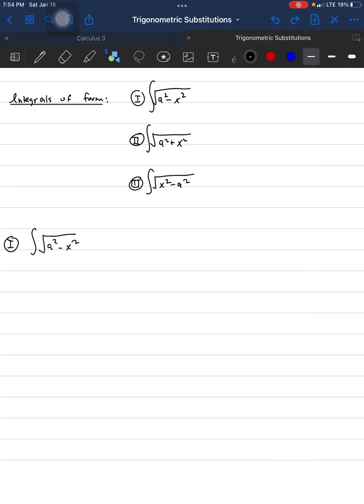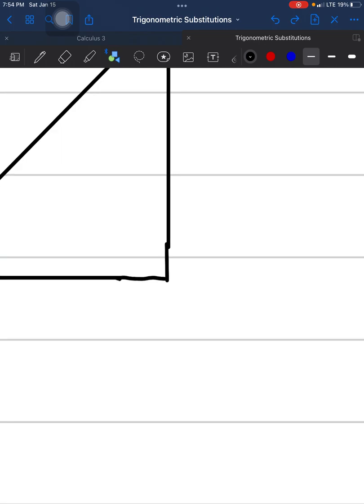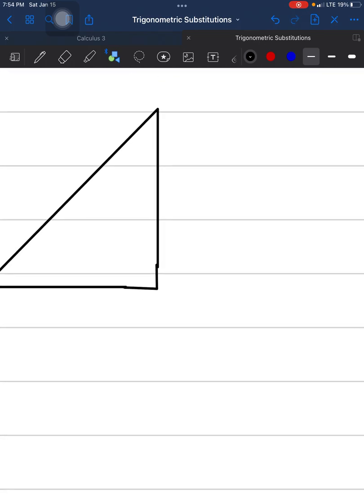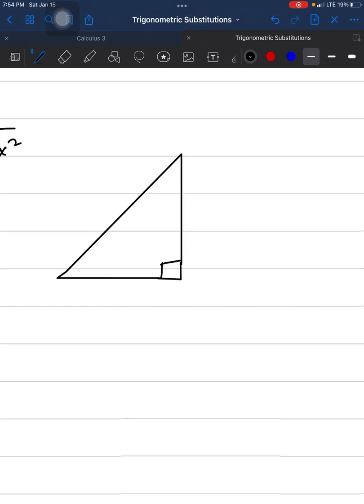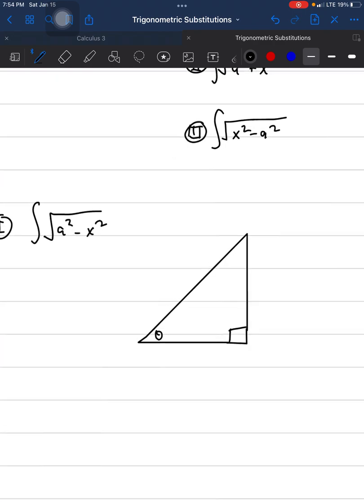We know the right triangle looks something like this. Let me make this a little bigger. Like that, and the right triangle is like this. Theta is right there.